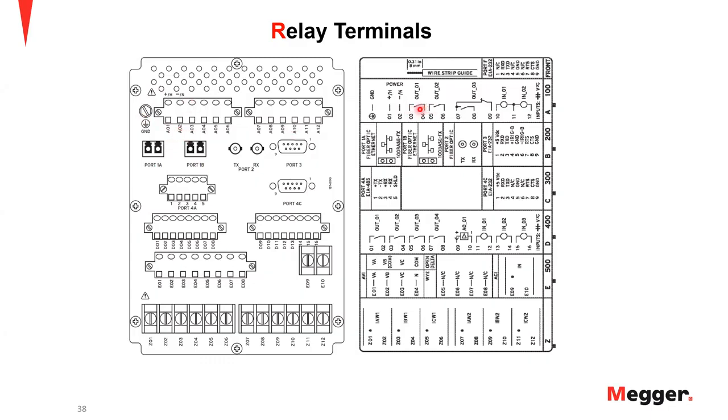Similarly, there are some output contacts present in this terminal block, so we can use any of these output contacts for testing. And if you look at the bottom of the screen, we have the current inputs for winding 1 and winding 2, which means we'll be making connections on the bottom terminals on the relay today.